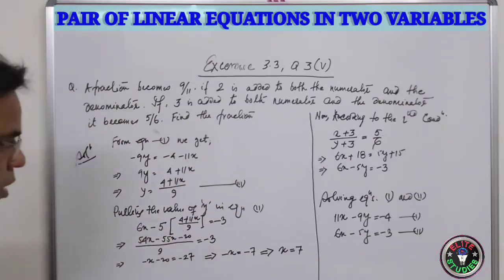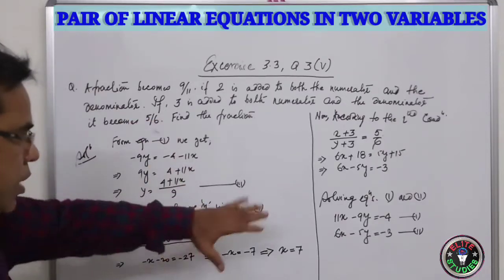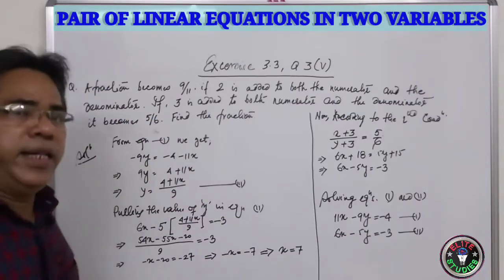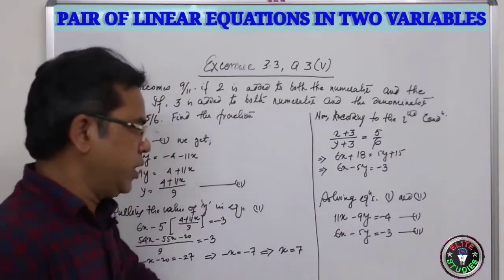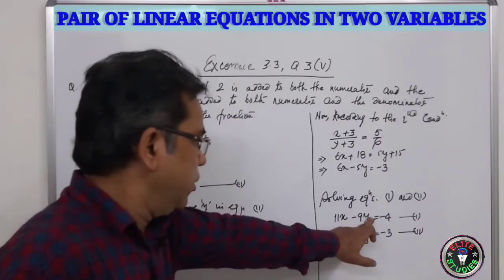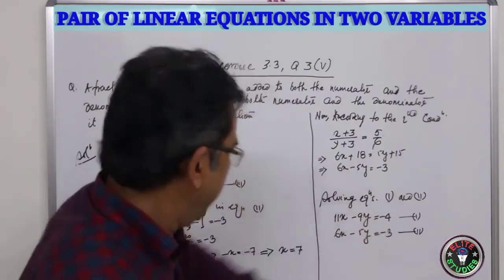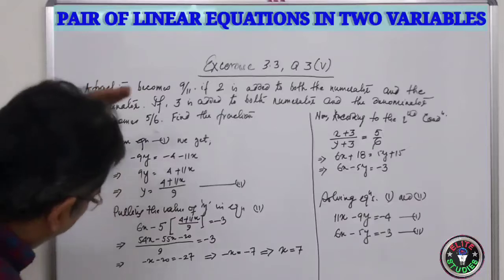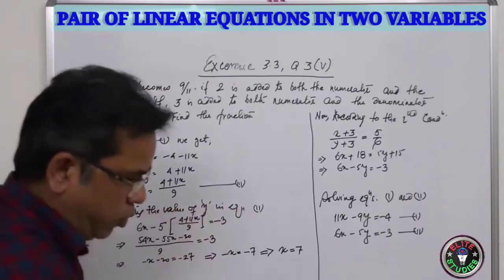Dear students, we have got the value of x by the method of substitution. Why is this method called substitution? Because from the first equation we brought y in terms of x, and that y has been substituted. Putting the value means substituting the value of y in equation 2.